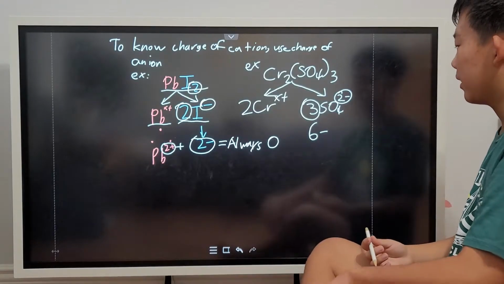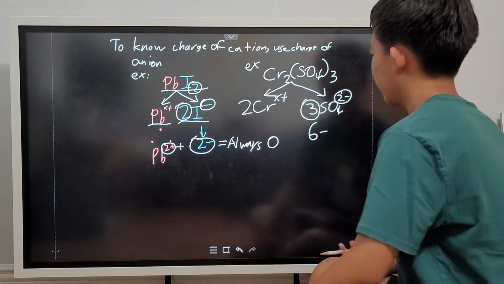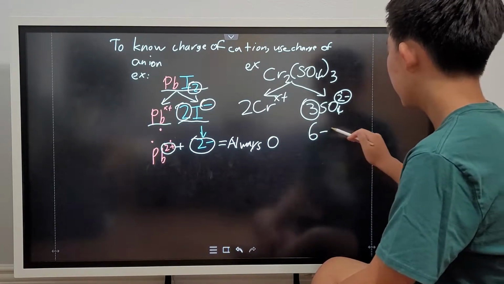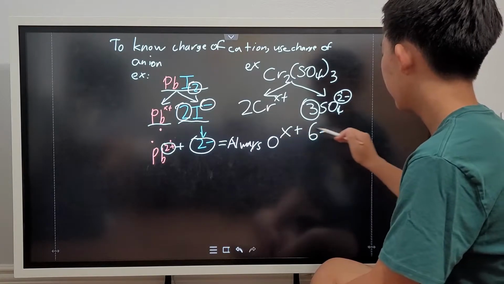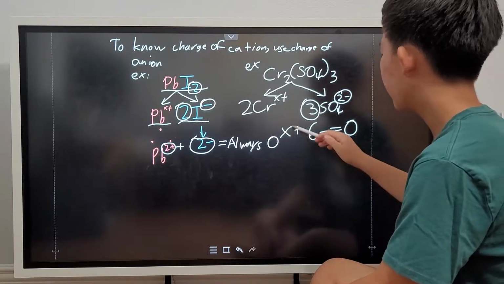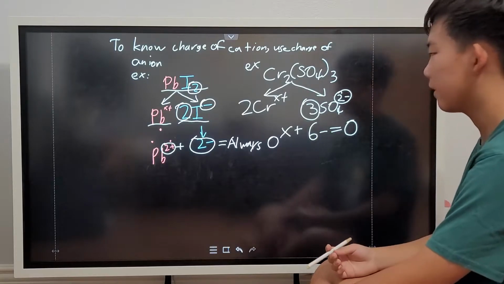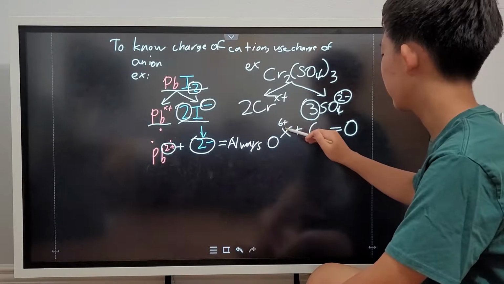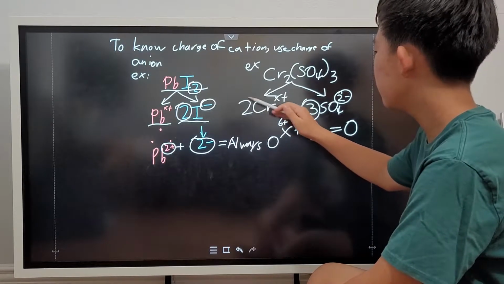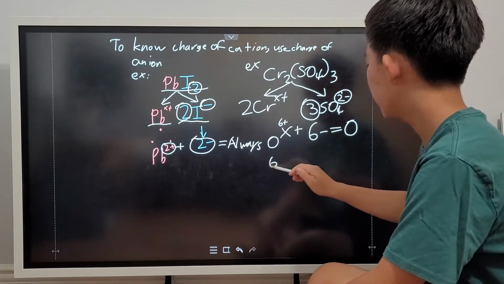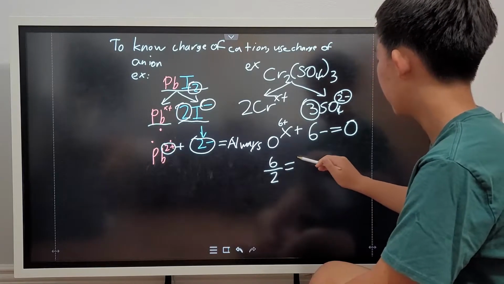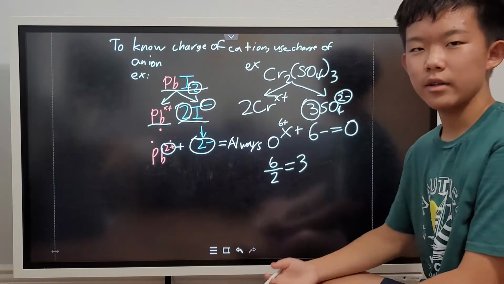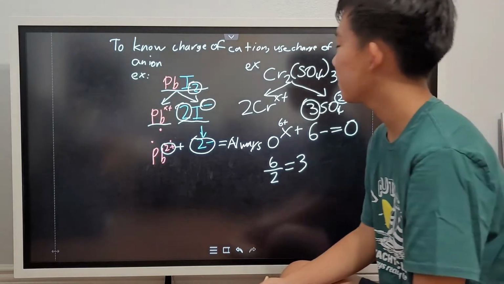And because negative 6 plus something is equal to 0, X is going to have to equal positive 6, right? Except now, you're going to have to distribute the plus 6 charge across these 2 chromium atoms. So you divide the 6 by the 2, and obviously you get 3. So the oxidation state of chromium is 3.